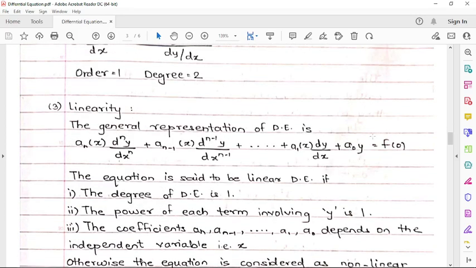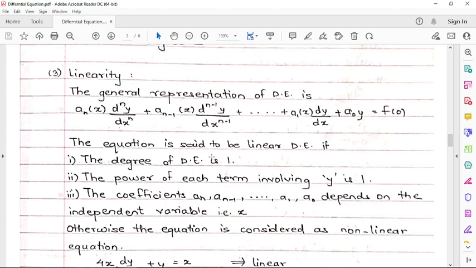See this equation, this is the general representation of a differential equation: an x dny by dxn, right? Where an is the coefficient, the equation is said to be a linear differential equation if its degree is 1. Linearity means whether the particular differential equation is linear or not.